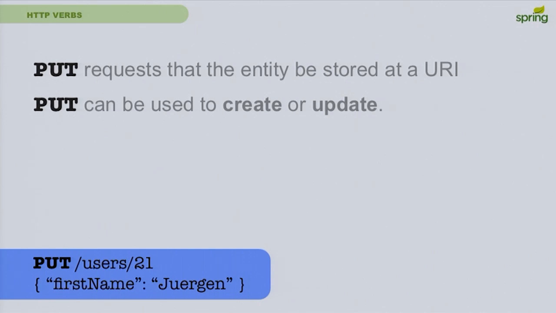But the idea behind a put is that subsequent requests with the same put request always result in the same action taking place. So for a post, you could create a new object, and it might end up with another ID each time you make the same post request. But with a put, it should always be the same record that is created or updated within your database.